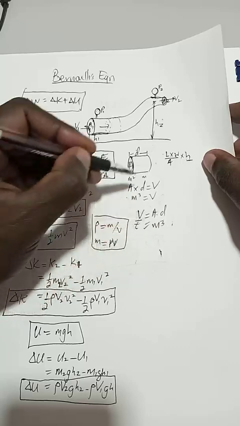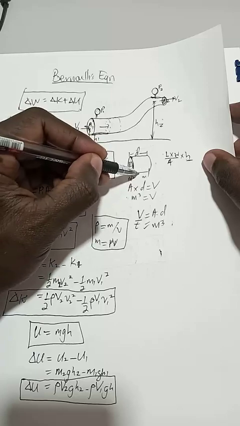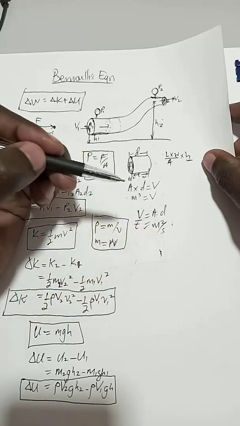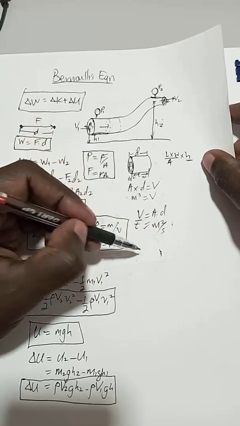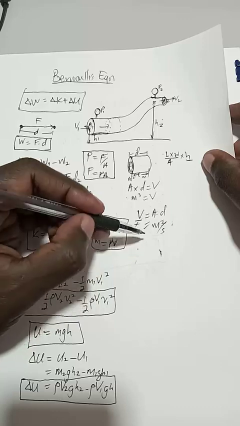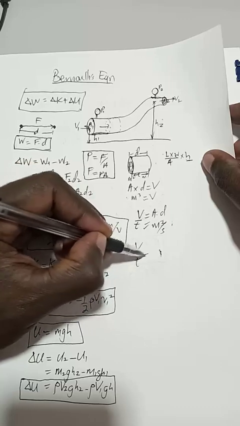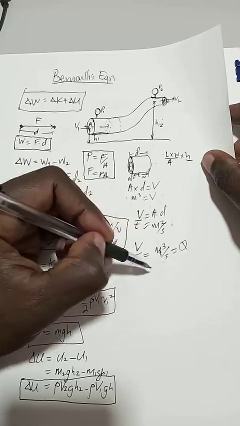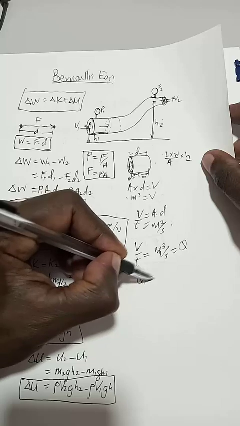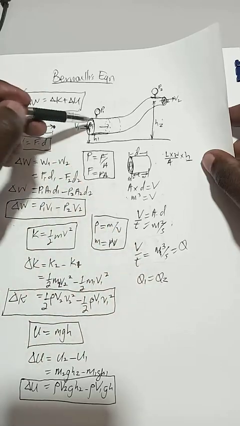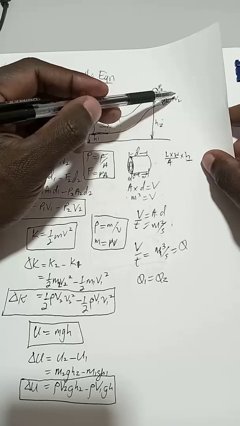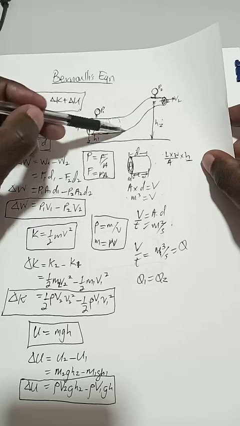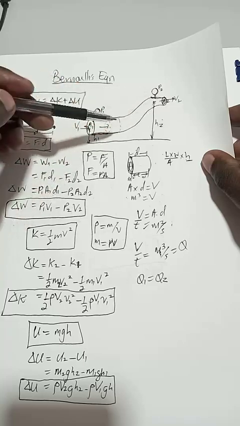Then divided by time, say 1 second, this becomes cubic meters per second, which is the volume flow rate, V over t. By the continuity equation, Q1 is equal to Q2, meaning the flow rate going in is the same as the flow rate going out.